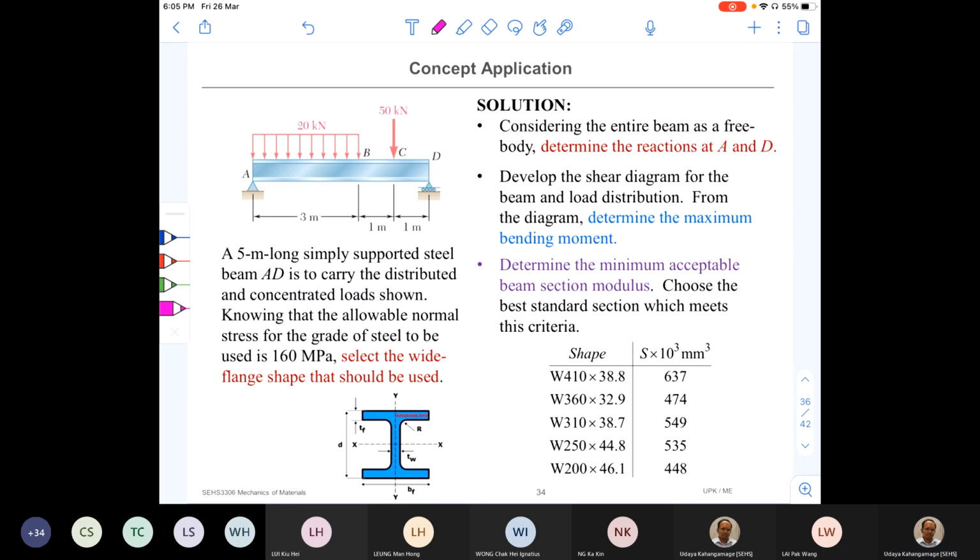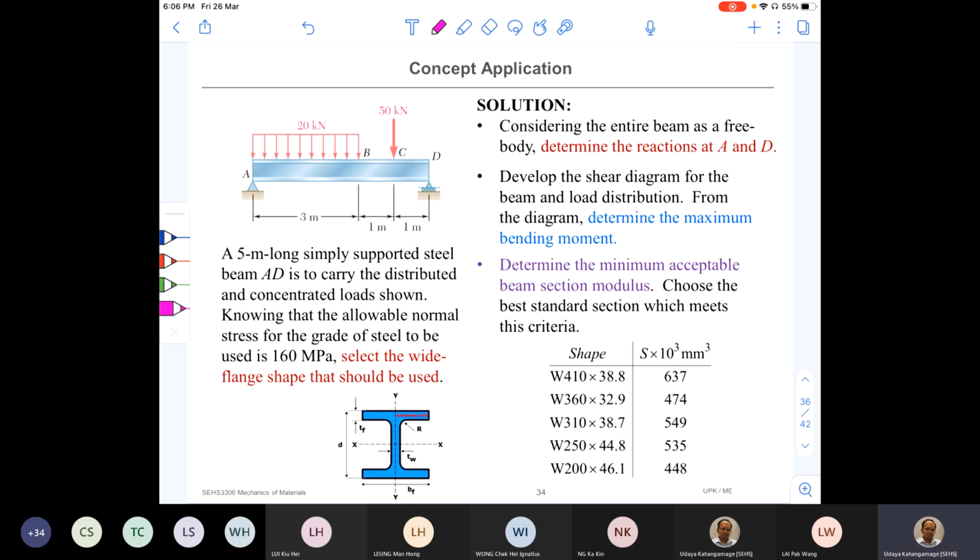There is structural steel with different shapes. Some shapes are good in supporting bending loads, some are good in supporting torsional loads. Previously in one of the lectures, I mentioned that some sections are better, especially when the moment of inertia of the section is higher, in resisting bending moment.